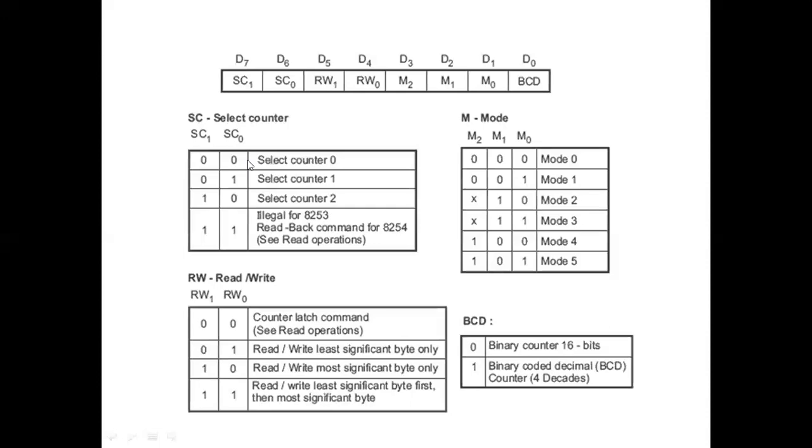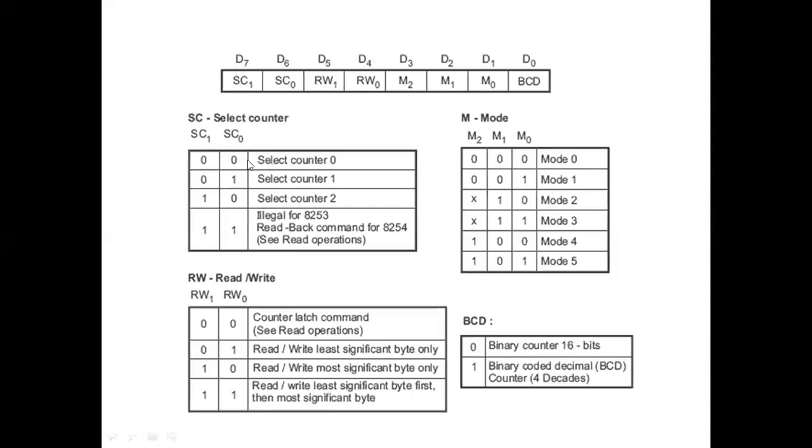Then mode selection. The mode selecting bits are M0, M1 and M2, which select any one of 6 modes as given in this chart. When M2, M1 and M0 are 000, it is mode 0. When it is 001, it is mode 1.